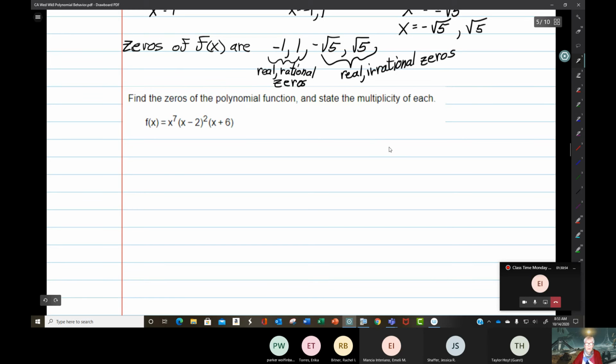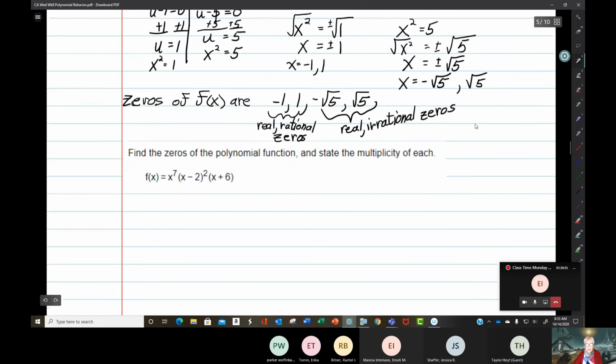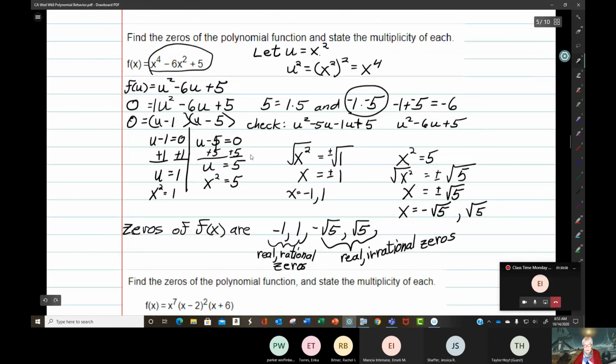Okay, now notice one more thing as I add to your education. The original f of x problem was x to the 4th. That's the highest degree. There are 4 answers, 4 zeros.